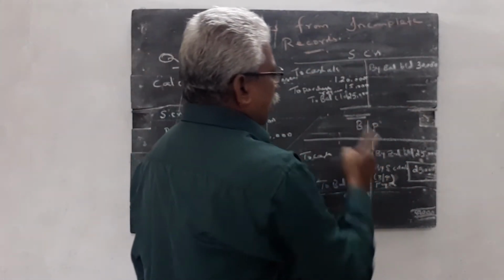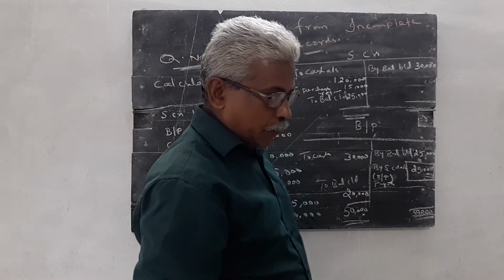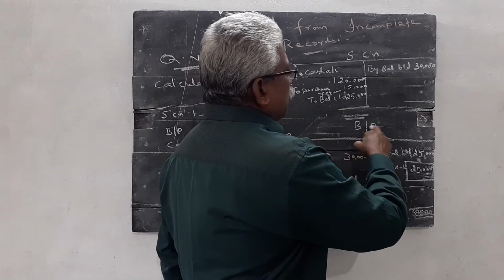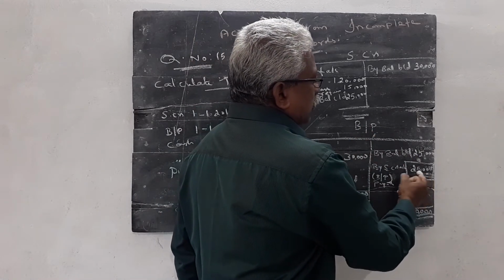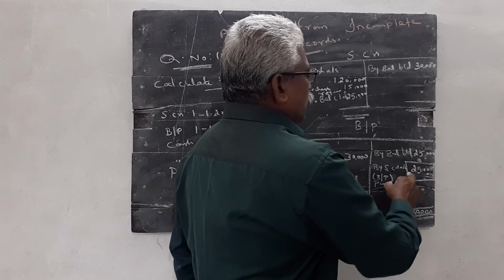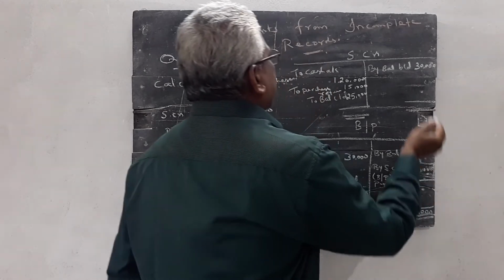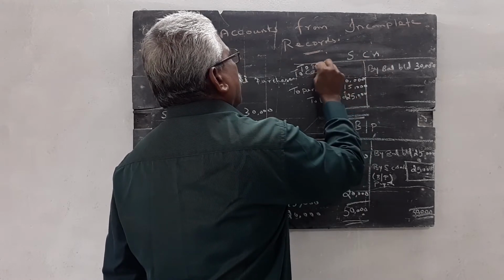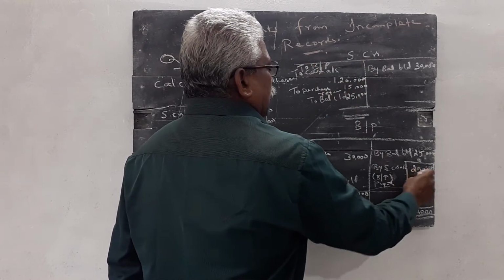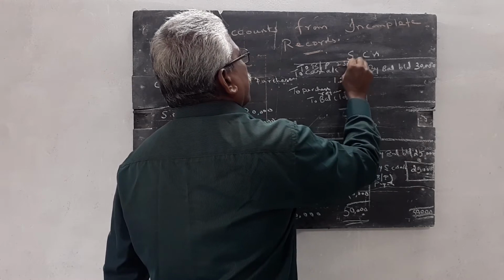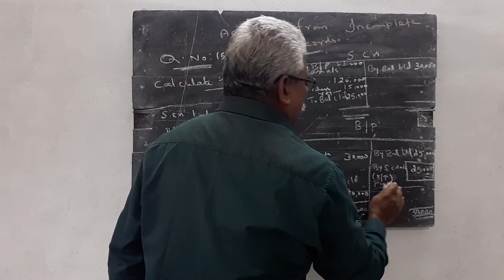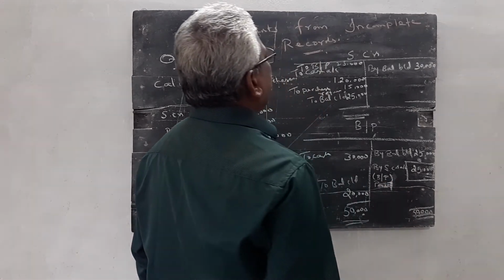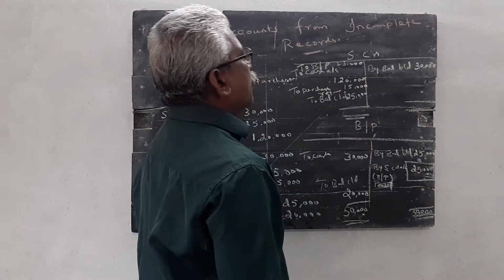Just according to double entry system of bookkeeping, for one debit there is a corresponding credit. So the bills payable account shows the credit balance of 25,000. So this 25,000 rupees is transferred to sundry creditors account. Bills payable paid in this year 25,000.